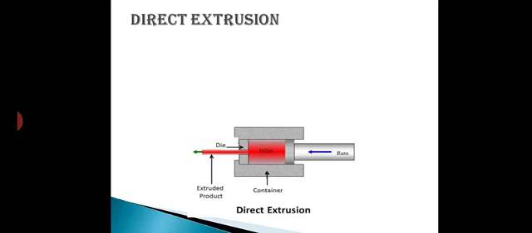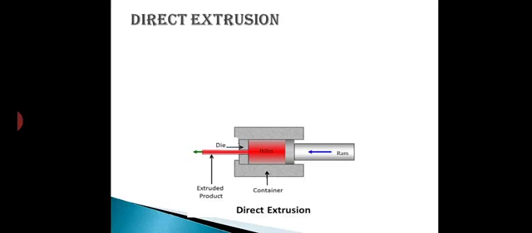The direct extrusion process, or forward extrusion process, is a type of extrusion that occurs when the direction of flow of metal is in the same direction as the ram, as can be seen in the following figure. In the red zone, the billet is passed through the die with the help of the ram.